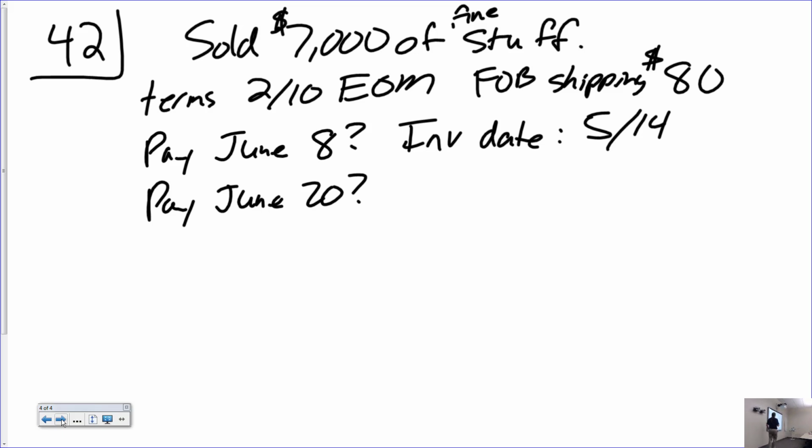All right, so note that they're not getting any trade discount in this problem at all. All they're getting is early payment discounts. That's it, which makes this a nice, relatively simple problem. But the question is, folks, on June 8th, do we get a 2% discount? Yes. Why, Greg? Because it's before the 14th, so it'd be end of the month plus the 10 days.